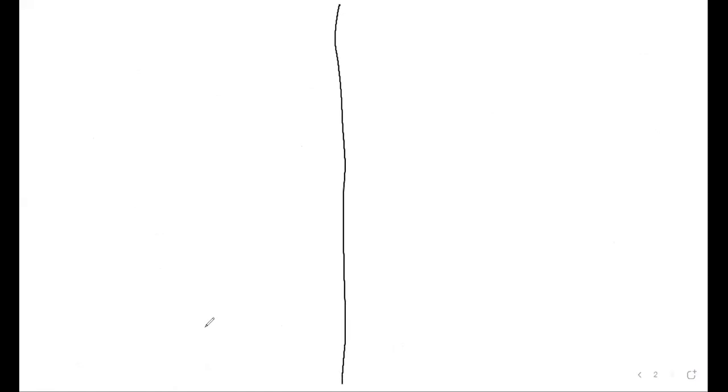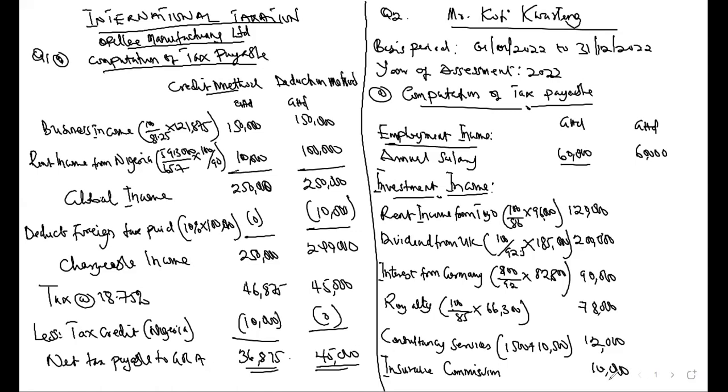So what's the total investment income? Let's add fast. 120 plus 200 plus 90 plus 78 plus 12 plus 10. 510, right?